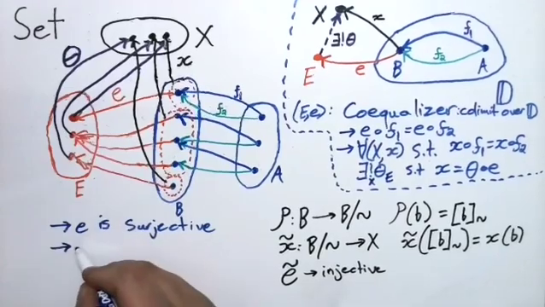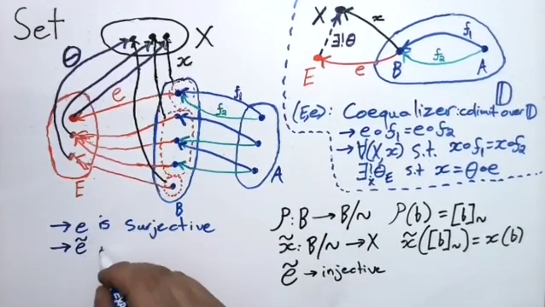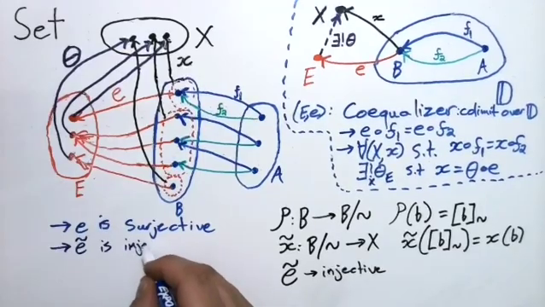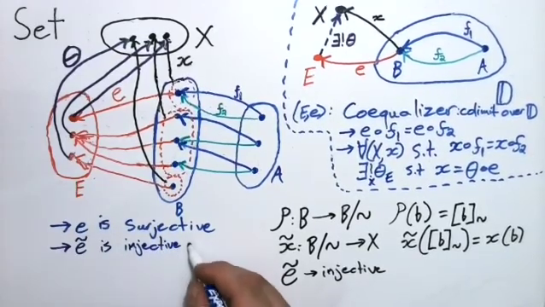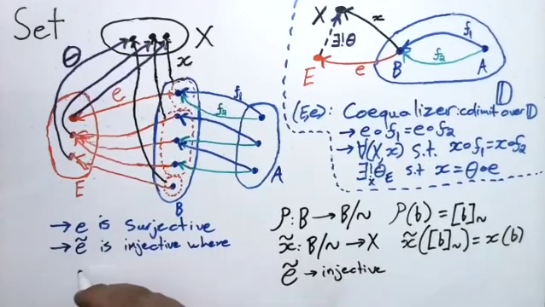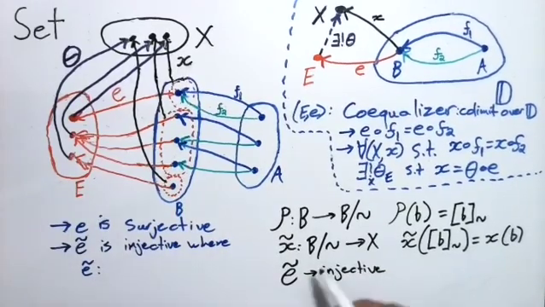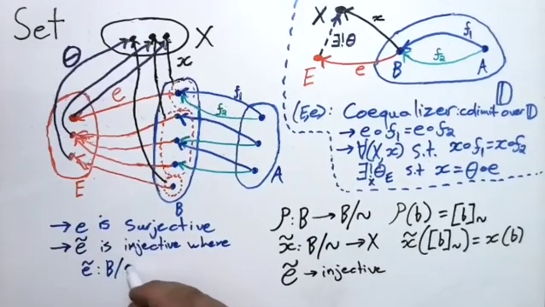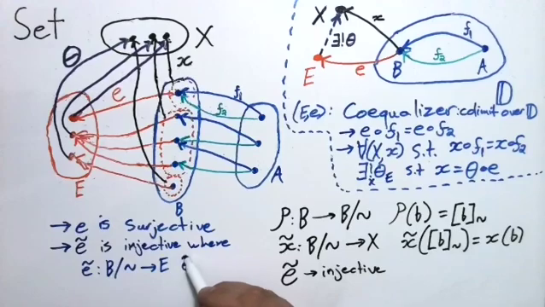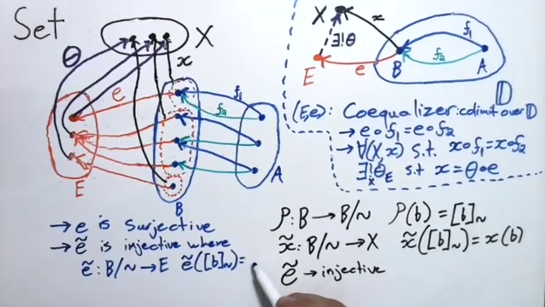We need to have that E tilde is injective, where E tilde goes from B divvied up by tilde into E and is defined by E tilde of an equivalence class gives you whatever E would have mapped an element of that equivalence class to.